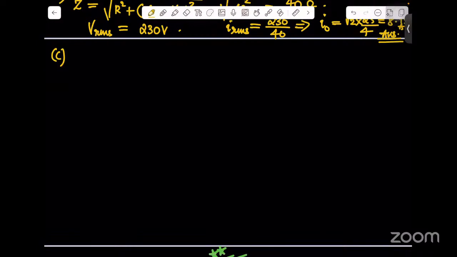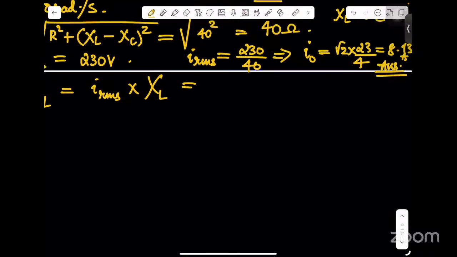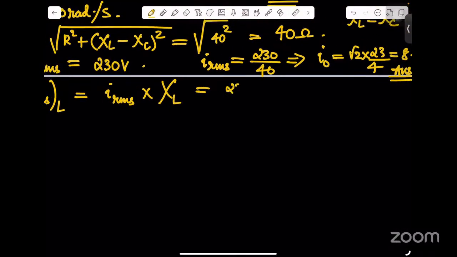So here across the inductor, the RMS voltage would be the RMS current times X_L, right? Which is equal to 23 over 4 times omega times L, right?